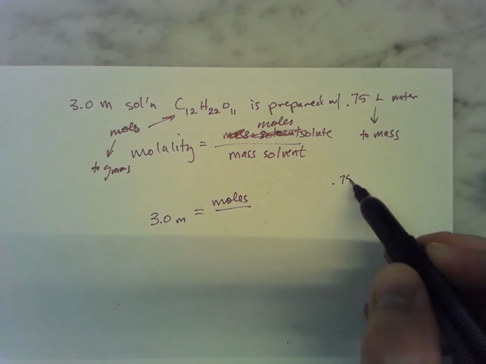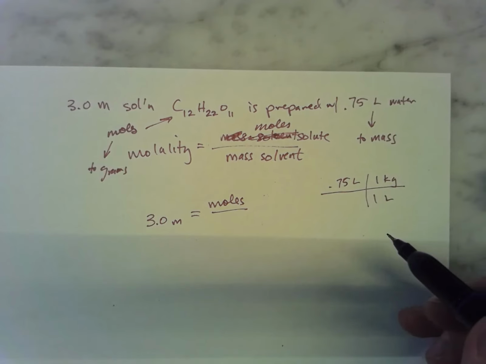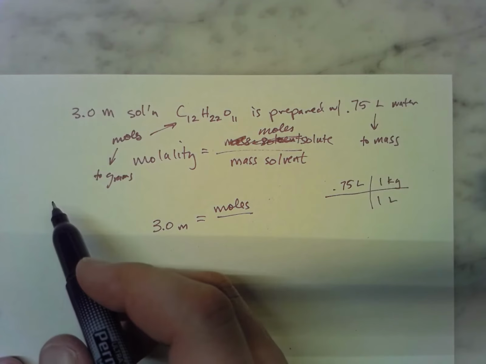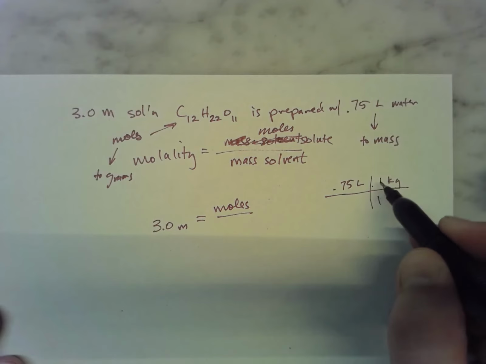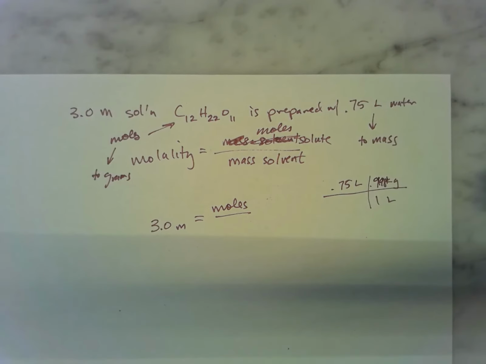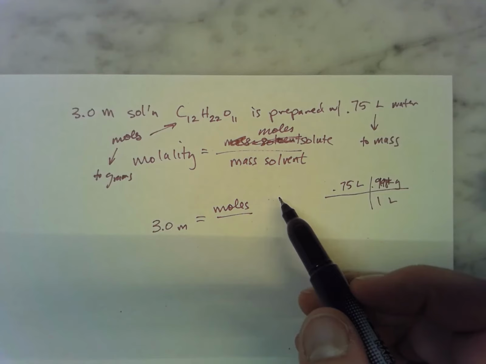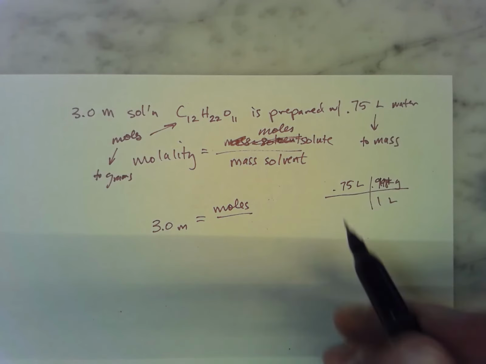So 0.75 liters, and we're assuming 0.998 kilograms per liter, which is also the same as grams per milliliter, because a gram is 1,000th of a kilogram and a milliliter is 1,000th of a liter.